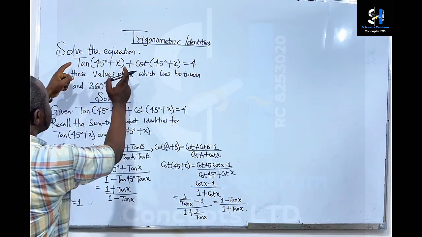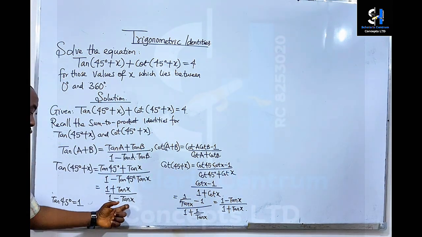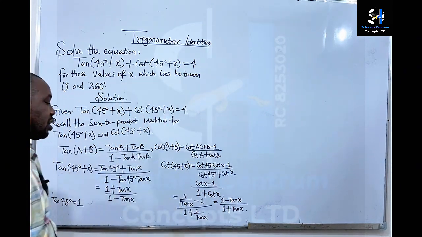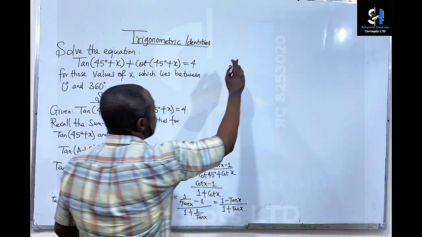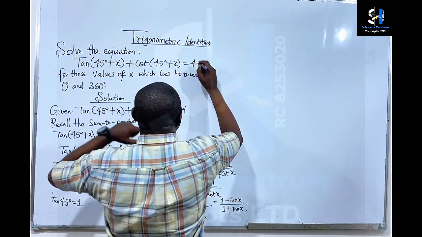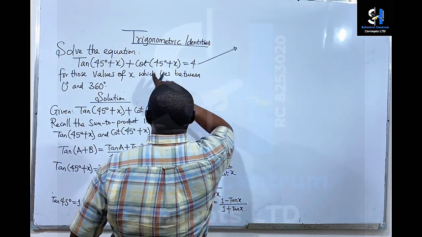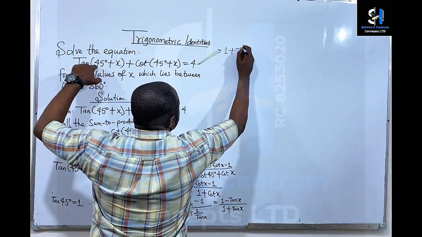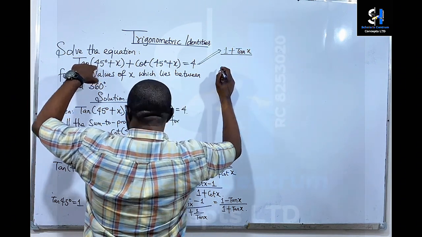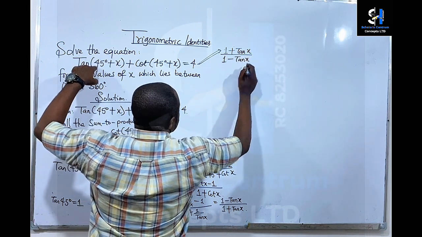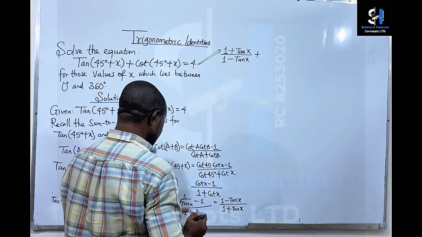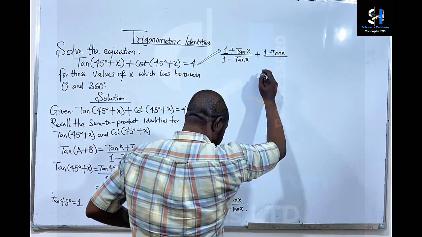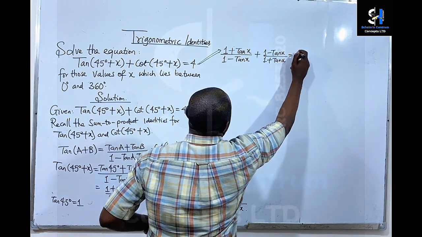So let's replace tan(45 degrees plus x) with 1 plus tan x over 1 minus tan x, and cot(45 degrees plus x) with 1 minus tan x over 1 plus tan x, and make it equal to 4.